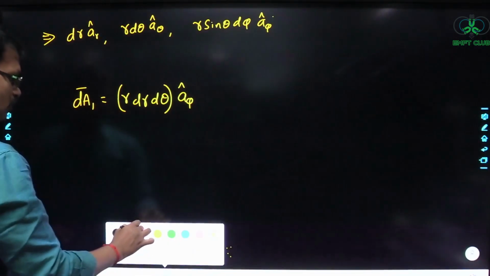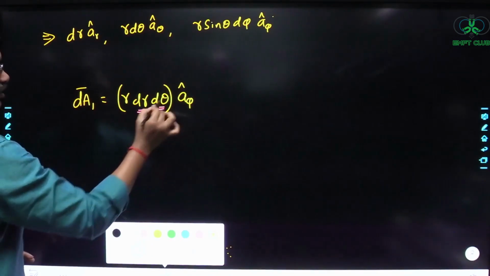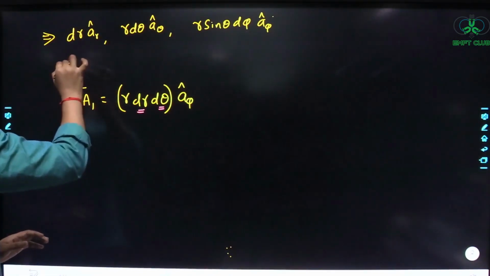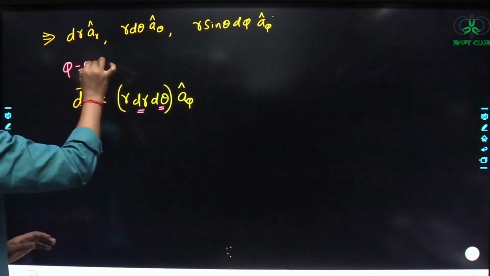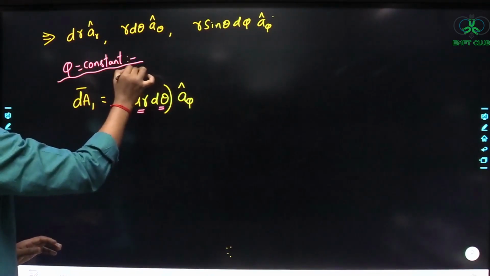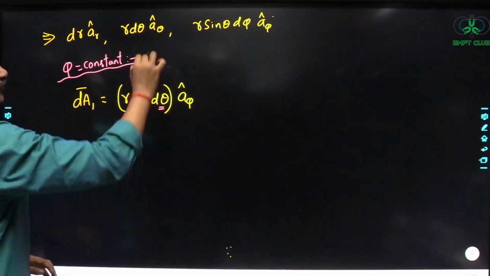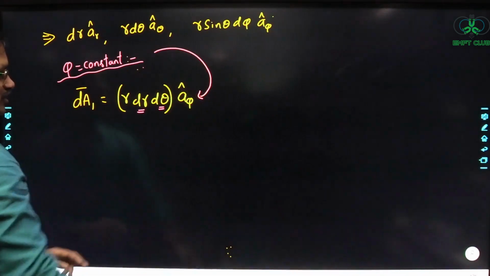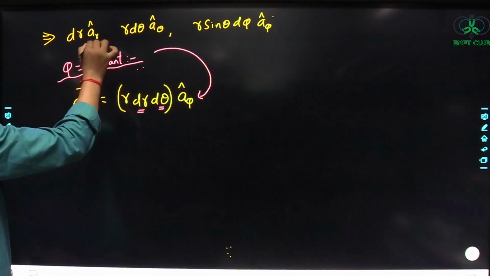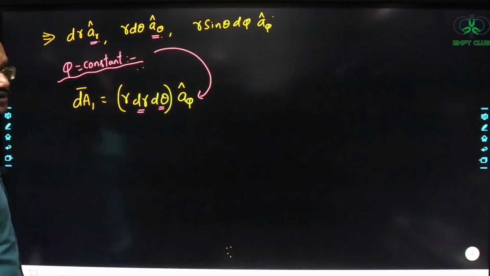Now here, r and theta are variables, so phi is constant. We call this plane the phi equal to constant plane. For the phi equal to constant plane, the direction is along a_phi cap. Here we are enclosing the surface from a_r cap to a_theta cap.